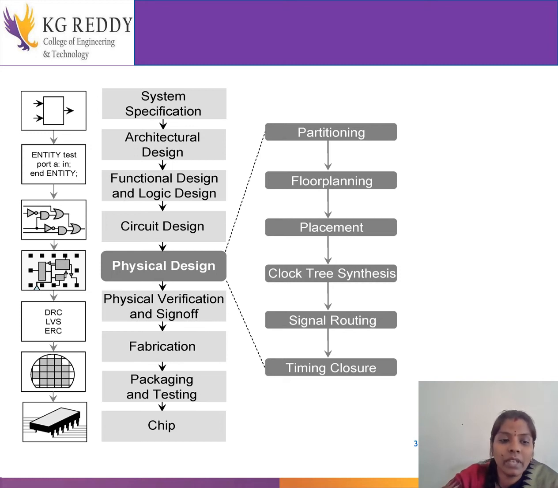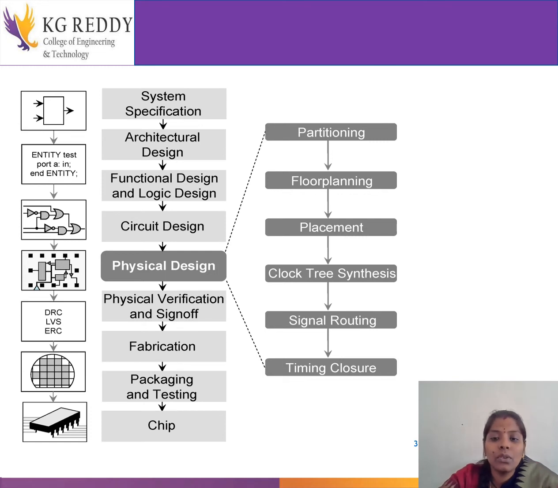If we want to balance it, things such as skew balancing and minimizing insertion delays are performed in clock tree synthesis.